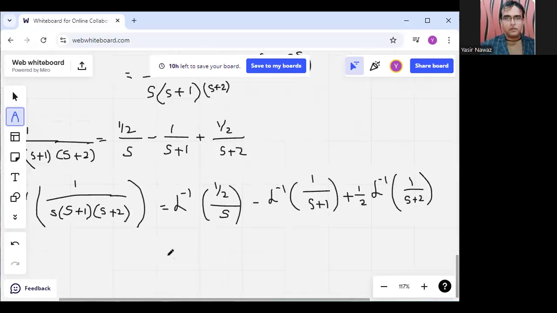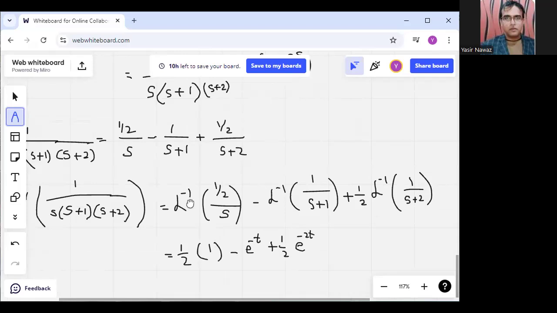So here I bring 1 over 2 outside. The Laplace inverse of 1 over s is 1. The Laplace inverse of 1 over s plus 1 would be e power minus t. And here that would be e power minus 2t. So that's the Laplace inverse of this thing.